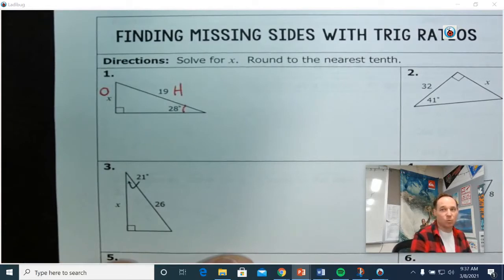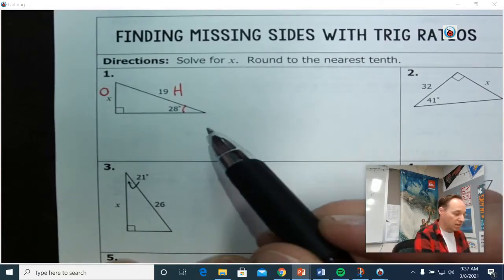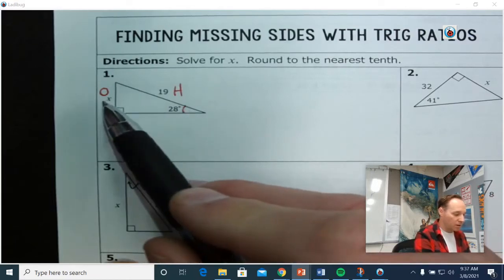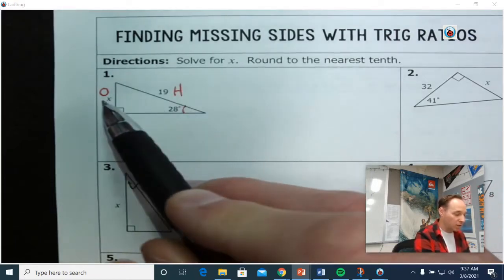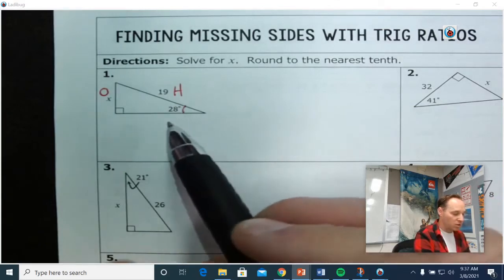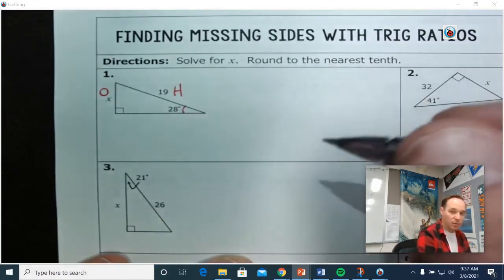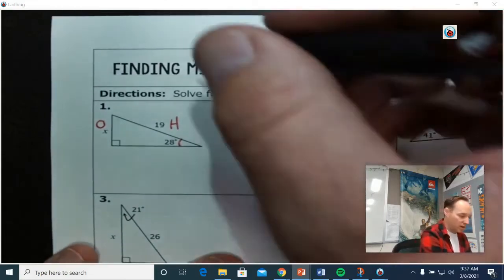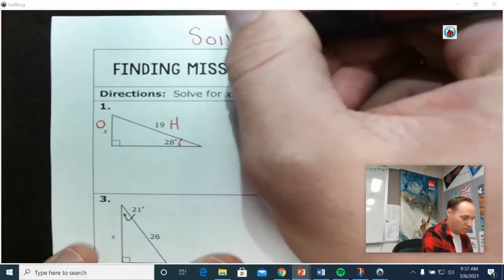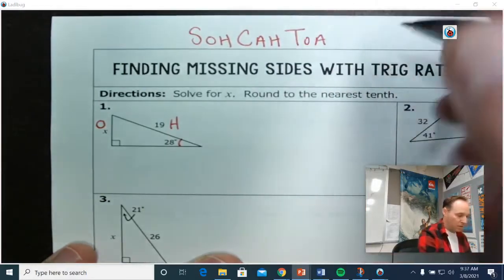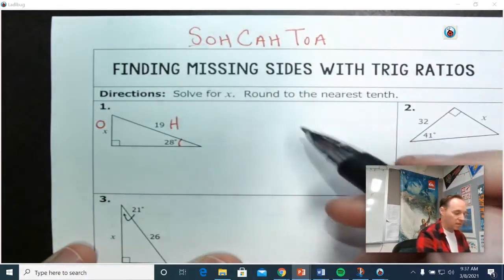Now we have to decide what trig ratio to use. Just like in the Kahoot the other day, I know the hypotenuse and I'm looking for the opposite. What trig ratio uses opposite and hypotenuse? That's our sine. By the way, I always write it out. Opposite and hypotenuse, that's our sine.